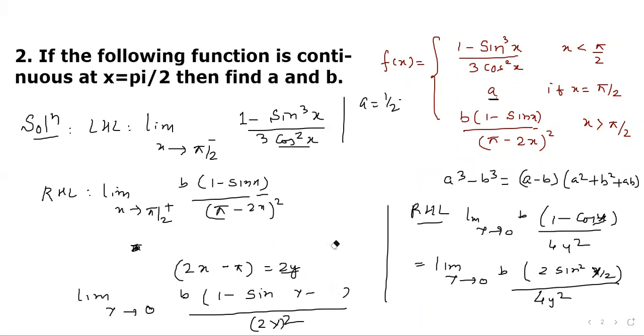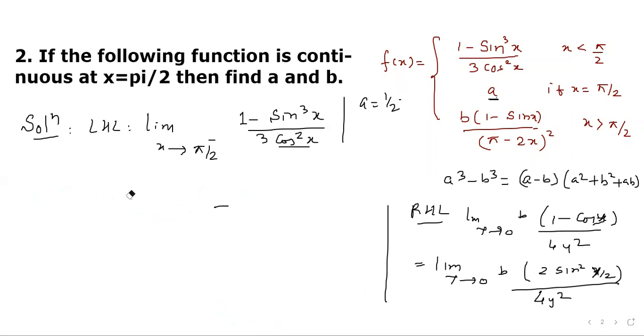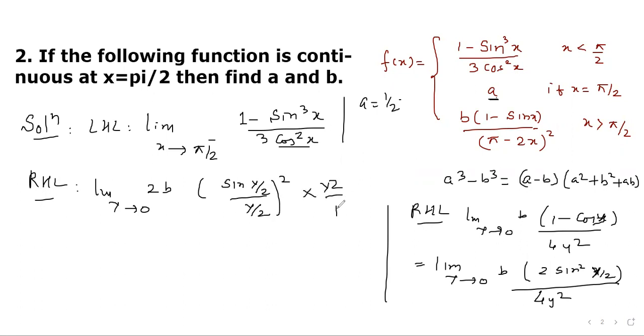So in that case, what do we get? It will become limit y tends to 0 of b times 2 (sine (y by 2) divided by (y by 2)) whole square, and then y square by 4, whole divided by 4y square.